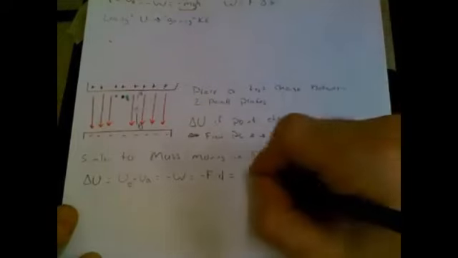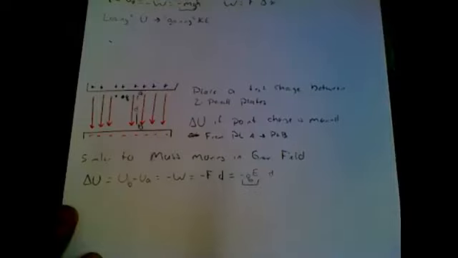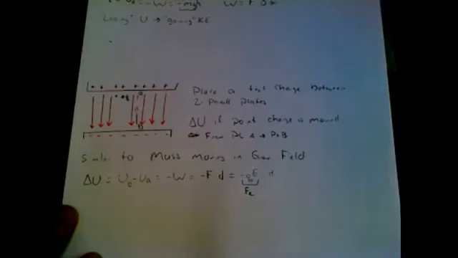Now my force, we know, is my charge times my electric field, times D. That guy right there is my electric force. So this, by definition now, I can say my change in potential energy inside that uniform electric field is negative QED.